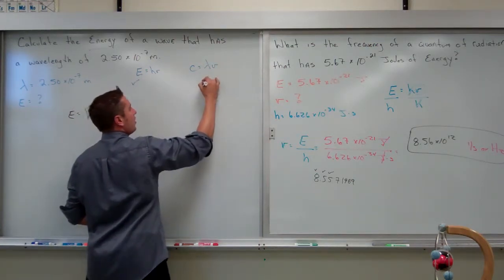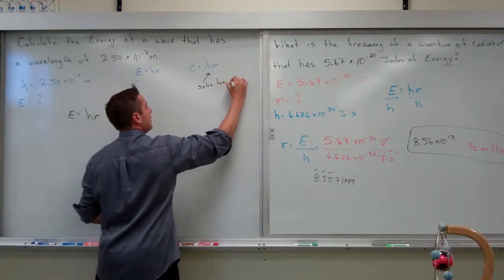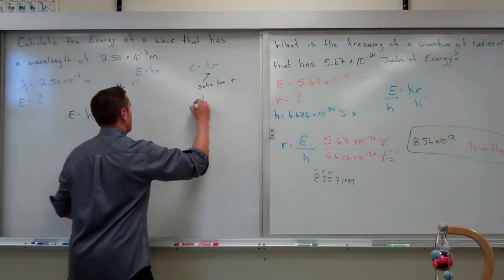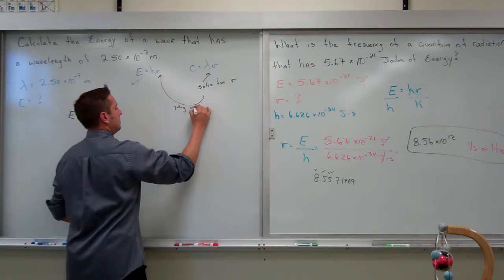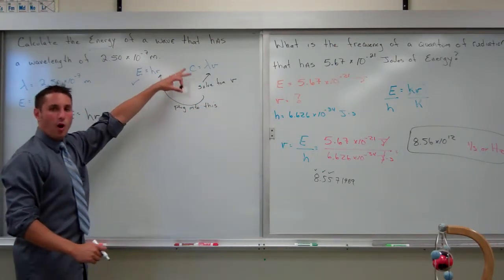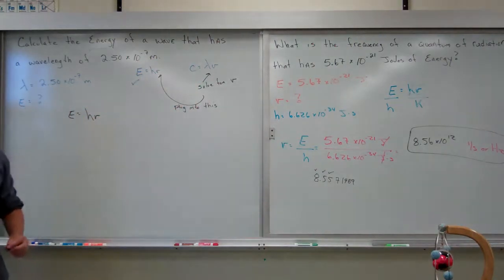So if I solve this equation for v, I can then plug it in. So we will solve this equation for our frequency, and then once we get it, plug it into our other equation to get our final answer.